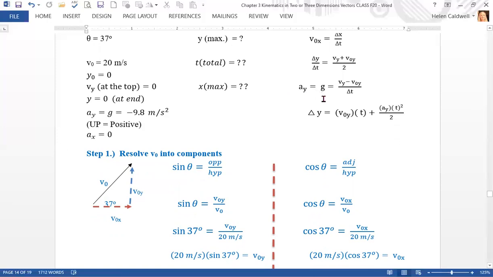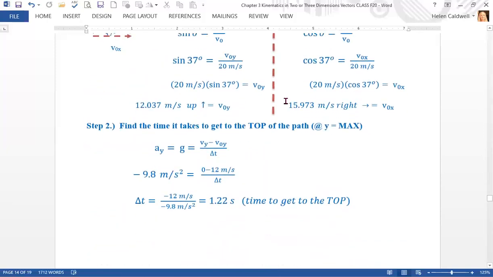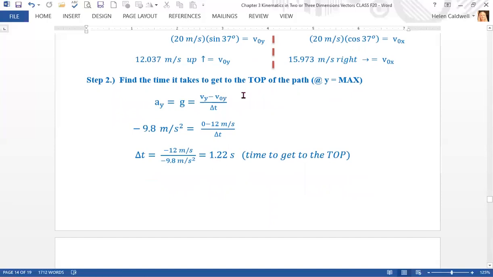We know g, we know V0y, and we know Vy. We know the velocity at the top of the path in the y direction. So we could find the time it takes to get to the top of the path. We could find V sub y. And so that's what I'm going to do. I'm going to find the time it takes to get to the top of the path.